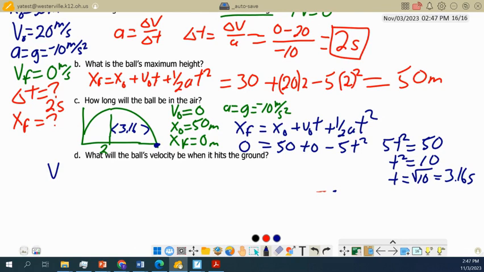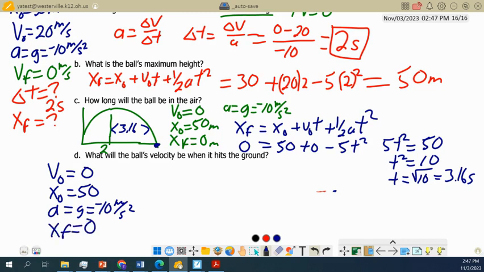If we take it from the top, our V0 was equal to 0. Our x0 again is equal to 50. We know our A, g, equals -10 meters per second squared, and we know xf is equal to 0. We're looking for vf here.